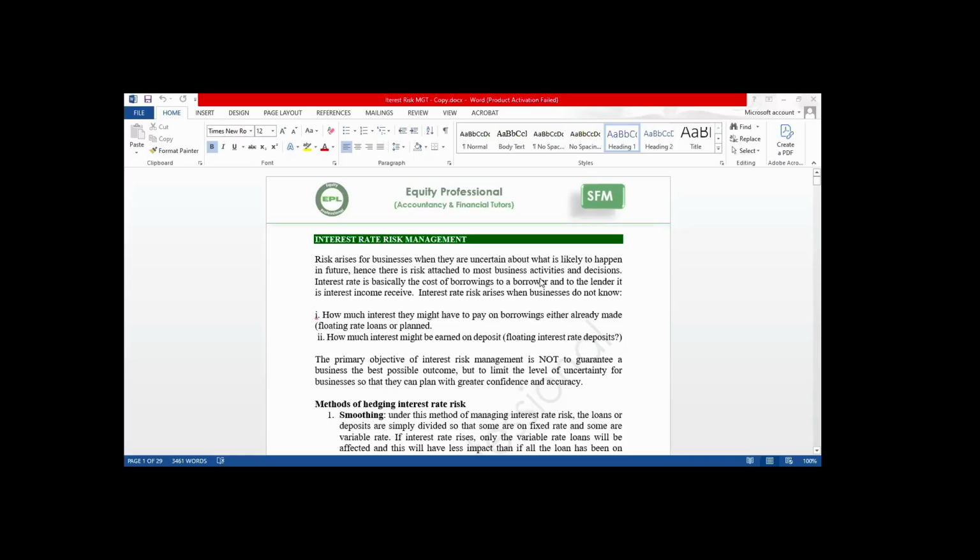A company can decide to borrow at a fixed rate, or at a floating rate.